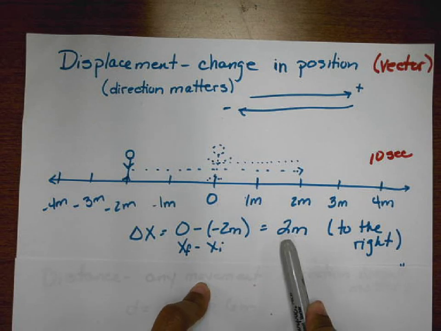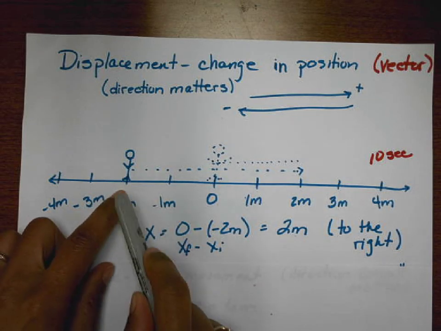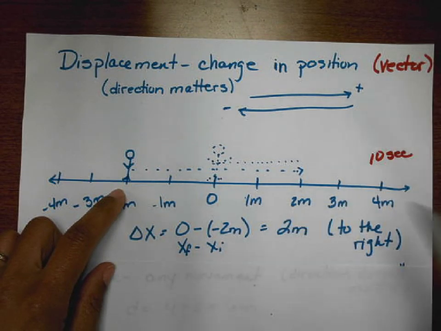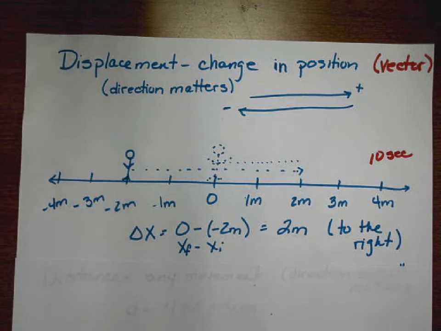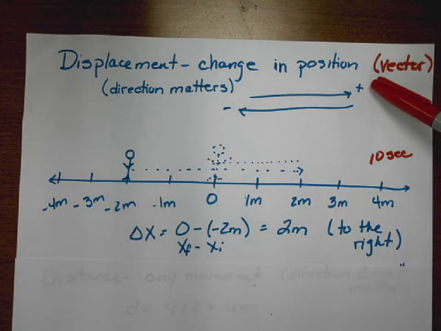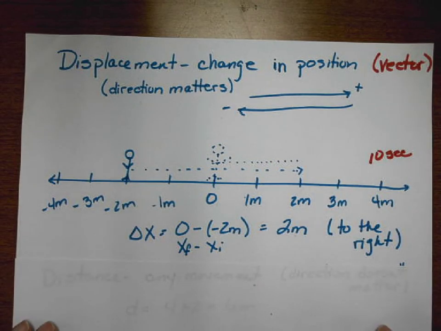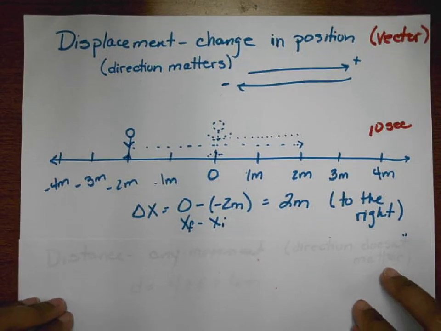And that makes sense. He is 2 meters to the right in the positive direction from where he started. That is his displacement. When we're talking about displacement, we're talking about a vector, so we have to pay attention to the direction. In physics, the direction is associated with the sign. So again, anything moving in the positive direction is to the right, and anything in the negative direction is to the left.